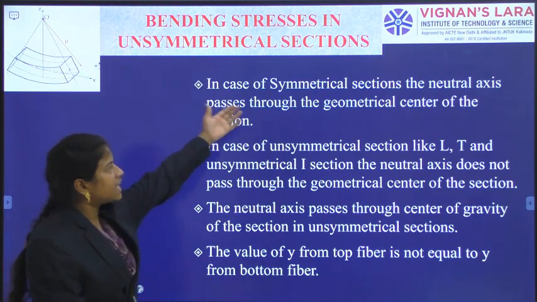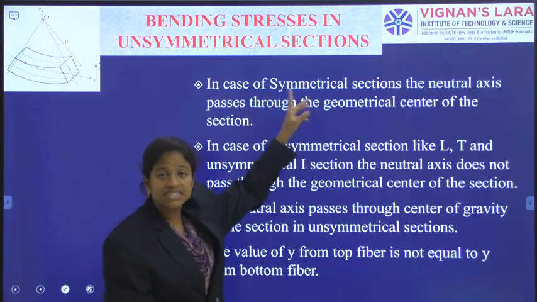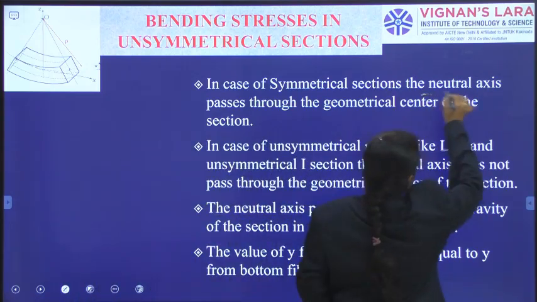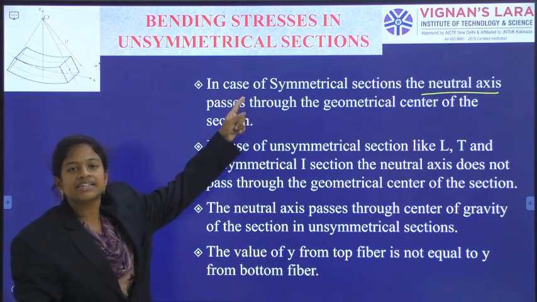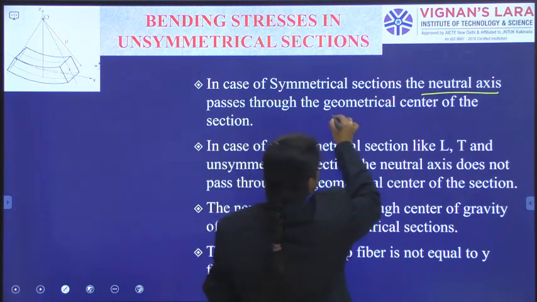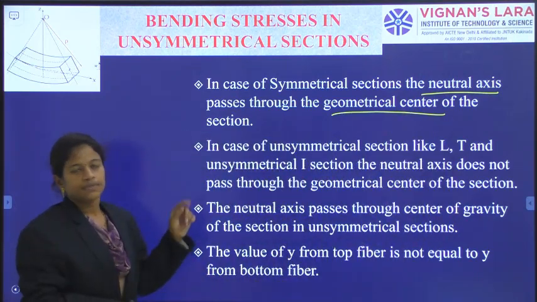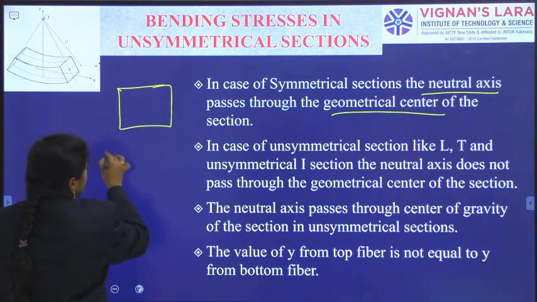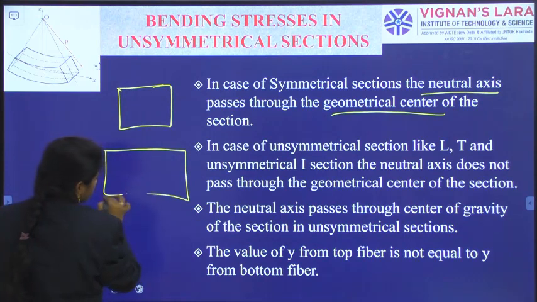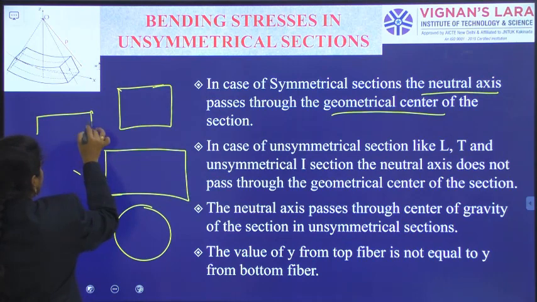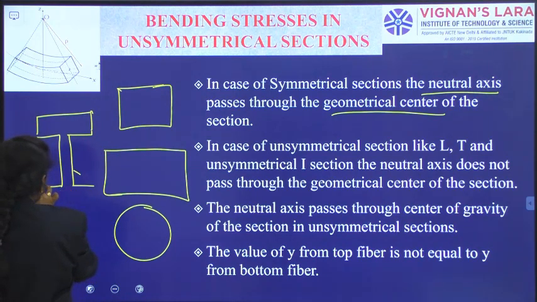Firstly, what is the main difference between symmetrical and unsymmetrical sections? In symmetrical sections, the neutral axis coincides with the geometrical axis, or geometrical center line, of the section. When we see any square, rectangle, circle or symmetrical I section, we see symmetry both in the vertical as well as the horizontal axis.